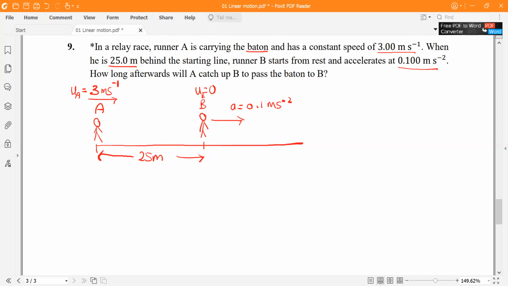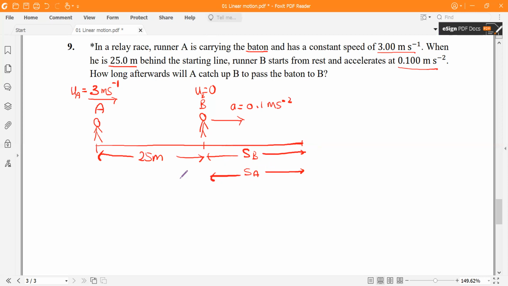Okay, so you need to understand all of this in the question. How long afterwards will A catch up with B to pass the baton to B? Meaning after this line, the distance traveled by both person A and B, SA and SB, is obviously going to be the same.